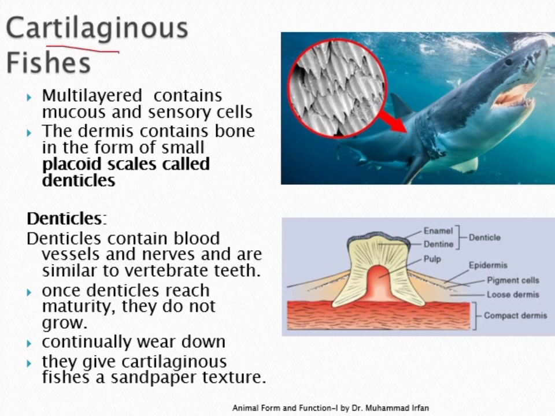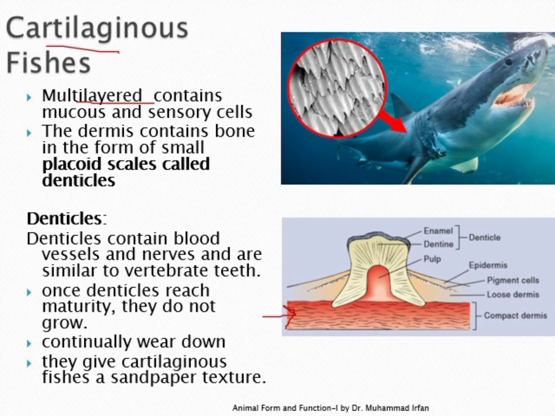The cartilaginous fishes, like sharks and rays, have cartilage in their skeleton and do not have bones. They have a multiple-layer thick epidermis that is made up of epithelial tissue cell layers, and beneath these epithelial layers there is, we know, the basement membrane, and then the layers of connective tissue.